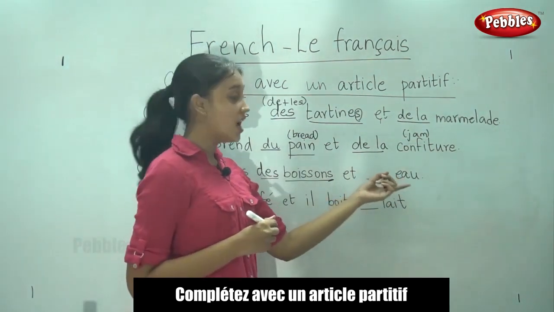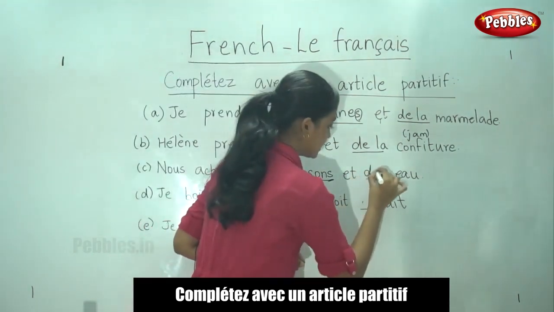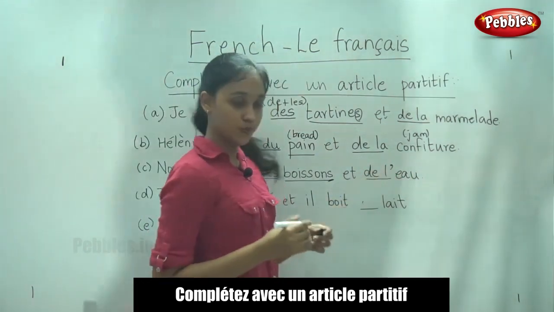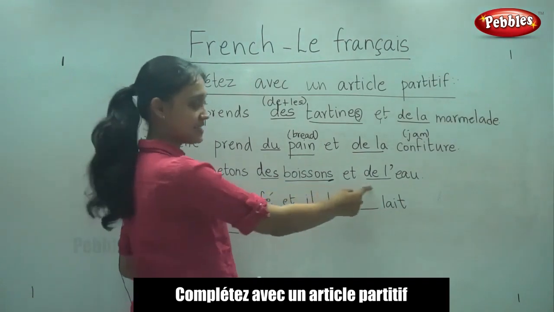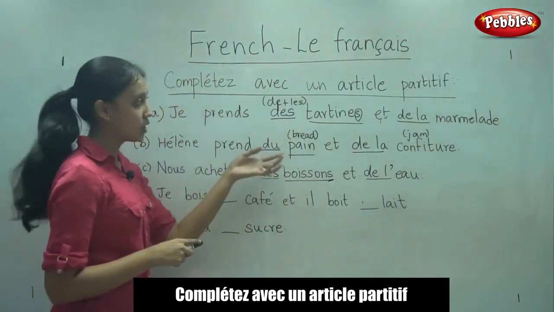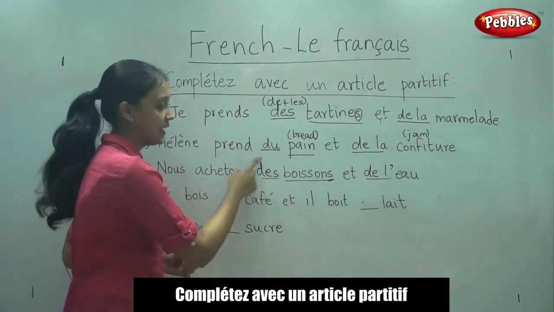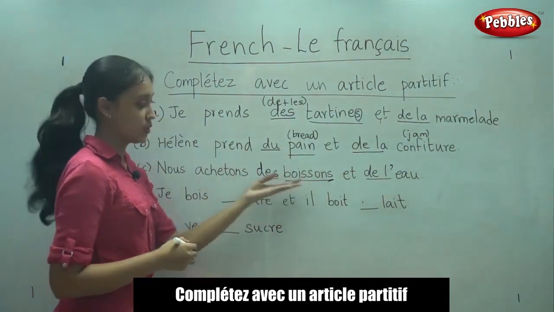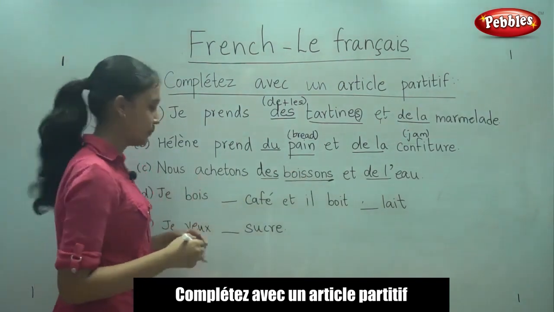It begins with a vowel. So what would we write? D-E-L apostrophe, de l'. So we bought some drinks and some water. So now I think you understood why we are using the partitive article to determine an indeterminate quantity. Some drinks. We don't say a drink. Some drinks. We don't know how many.